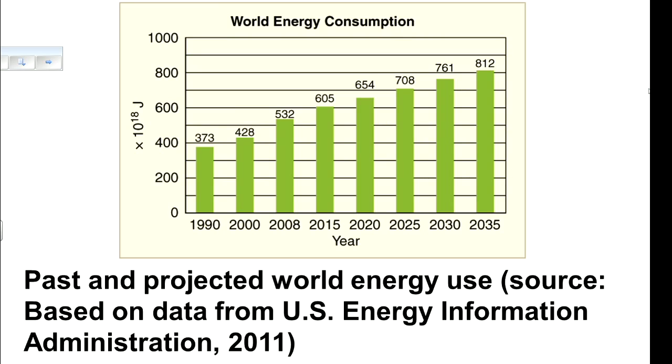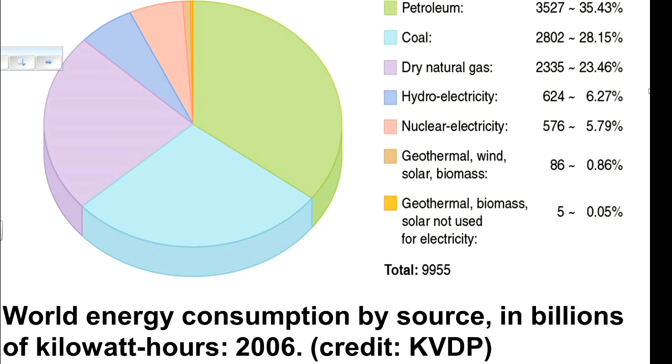And every year we consume more and more energy. The world in general needs much more energy every year than the year before. And where do we get that energy from? Unfortunately, most of the energy so far comes from coal and oil.